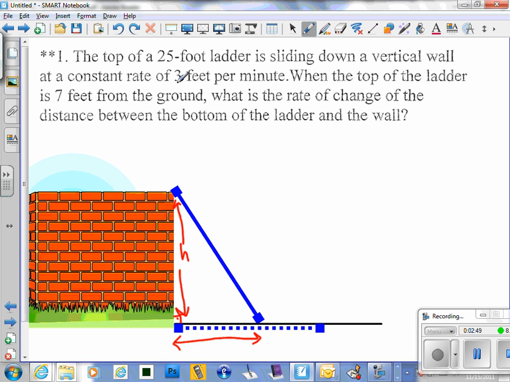Let's see, what do we have? What is given? 25-foot ladder. So just write down 25. The length of the ladder is not going to change. From here to here, the ladder's length is 25 foot. What is going to happen is sliding down.